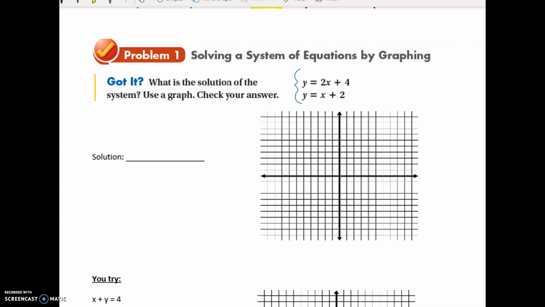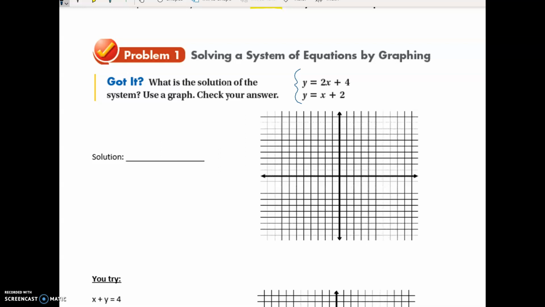So in this first one, we're going to solve by hand. We're going to graph each equation by hand, and then we're going to see what is the solution for the system. I usually use 2 different colors to show the 2 lines. I think that just helps when you're doing it by hand. So keep that in mind when you're doing your assignment.